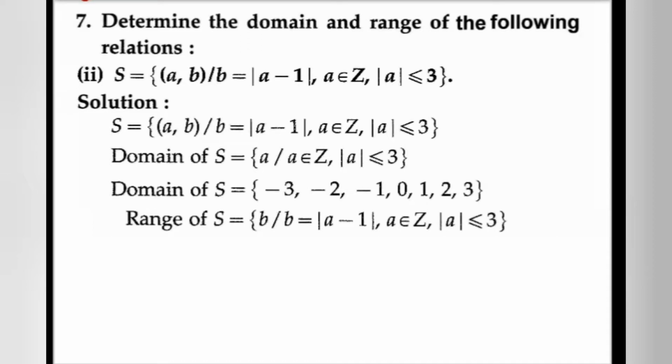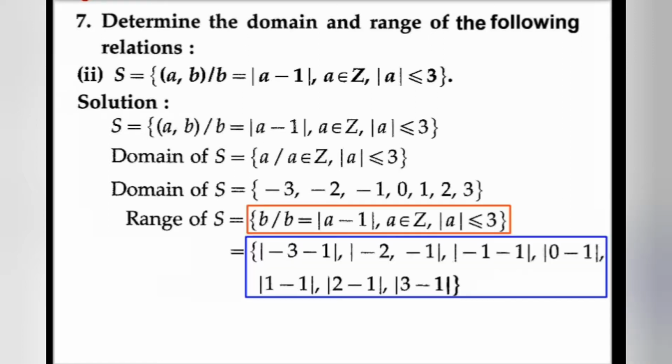Range of S is equal to the set of all B such that B is equal to mod of A minus 1, where A belongs to Z, mod of A is less than or equal to 3. That is the set of mod of minus 3 minus 1, mod of minus 2 minus 1, mod of minus 1 minus 1, mod of 0 minus 1, mod of 1 minus 1, mod of 2 minus 1, mod of 3 minus 1.